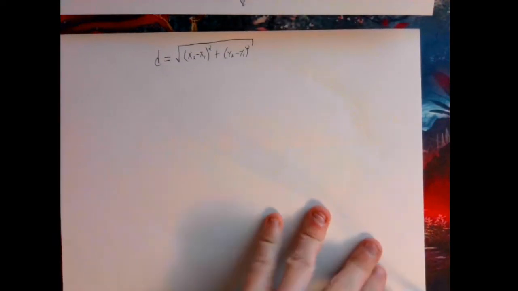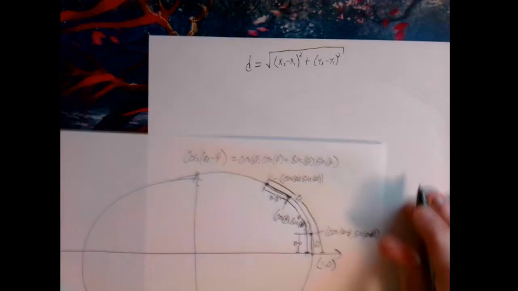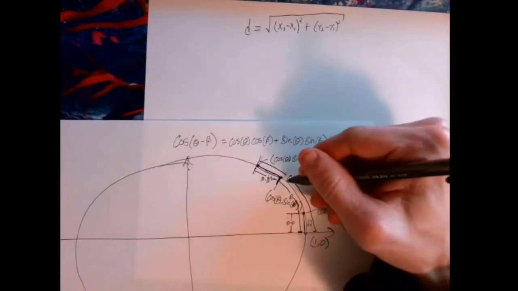So if we look back at our graph here, we're trying to find the distance between this point and this point first.